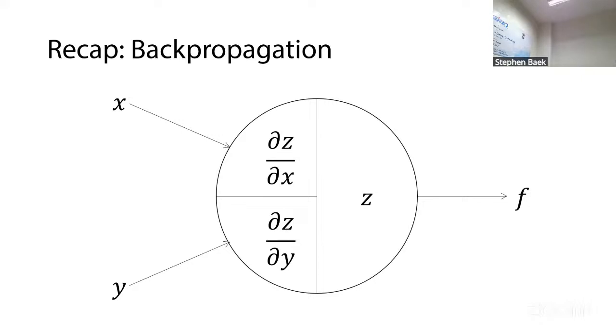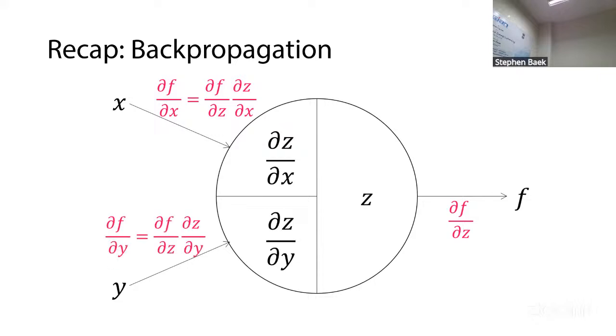Just as a recap, the idea of backpropagation was basically the chain rule. In the forward pass, you not only calculate the actual value z, which is the result of an operation, but in the meantime, from the analytic derivative of this operation that you already know, you compute the local derivatives and store them in the computational node.